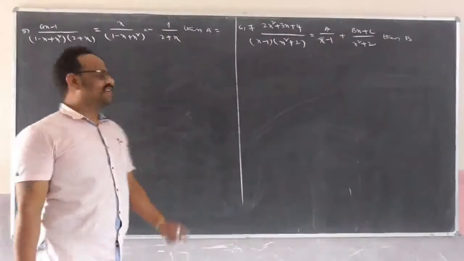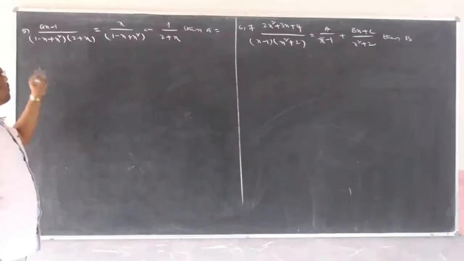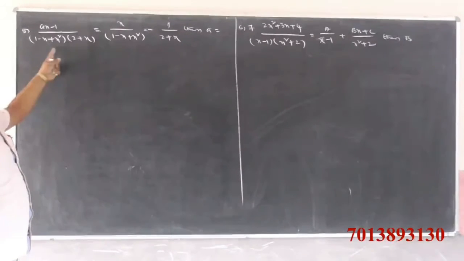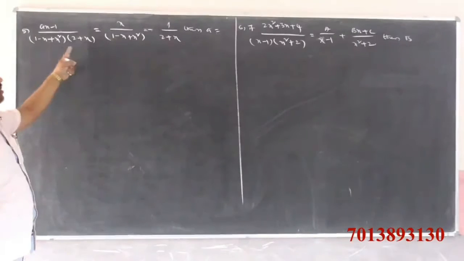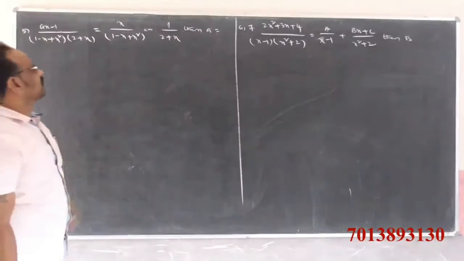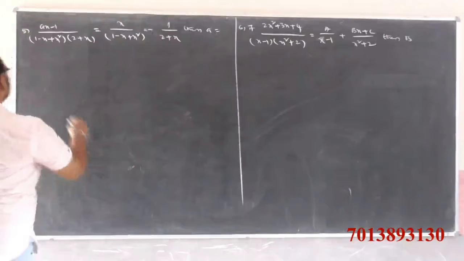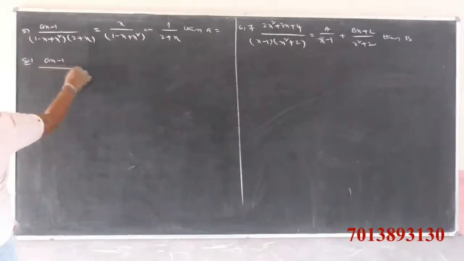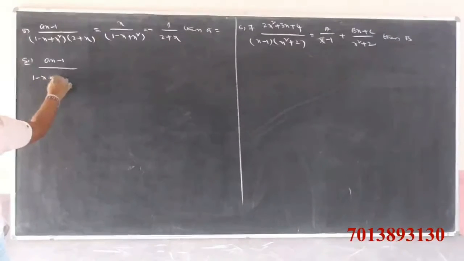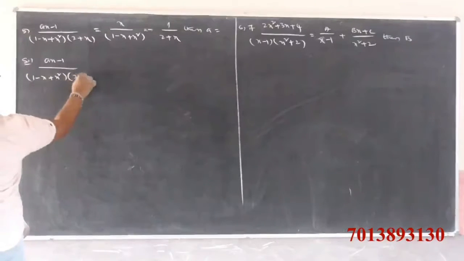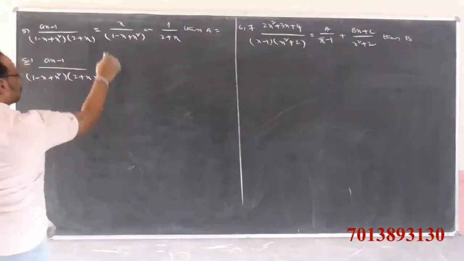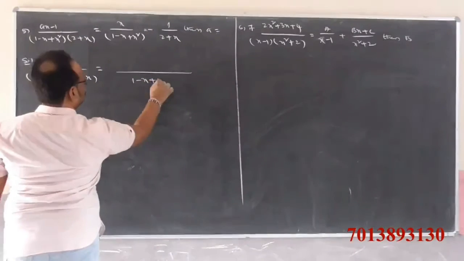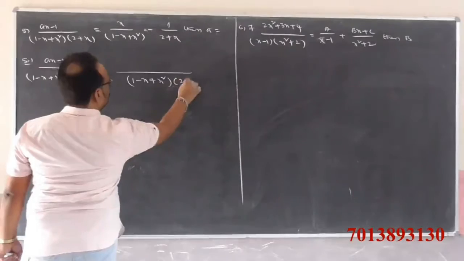Next, the fifth one: (ax minus 1) by (1 minus x plus x square) into (2 plus x). It contains one quadratic factor and one linear factor. So what is the value of a? The LCM is clearly (1 minus x plus x square) into (2 plus x).